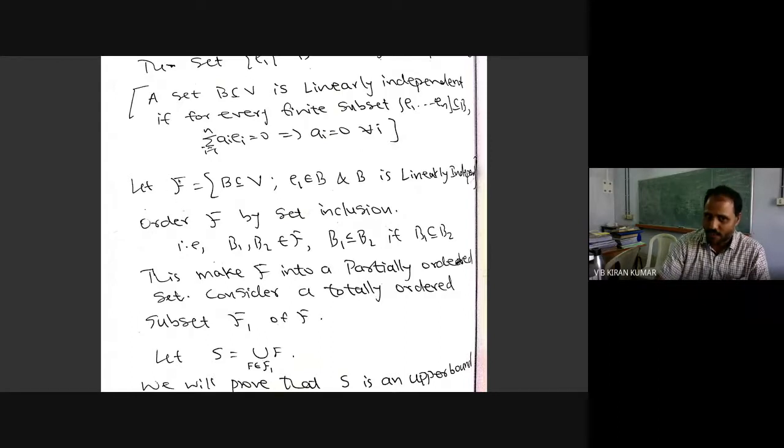That is a subcollection of the power set, a collection of subsets of V. Now we give an order here, a relation: for B1 and B2 in F, B1 is related to B2 if B1 is a subset of B2. So by set inclusion, we can give an order here. This makes it a partially ordered set. That is something we can very easily verify. It is easy, right? Simple set inclusion.